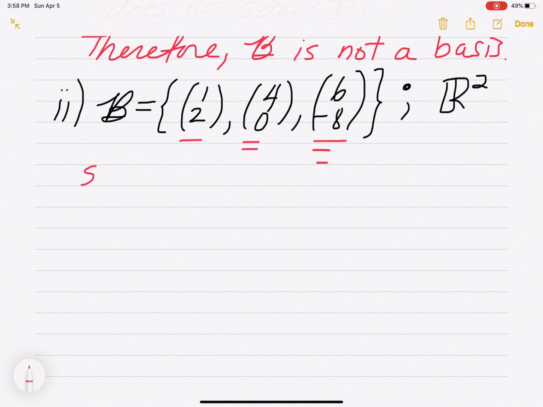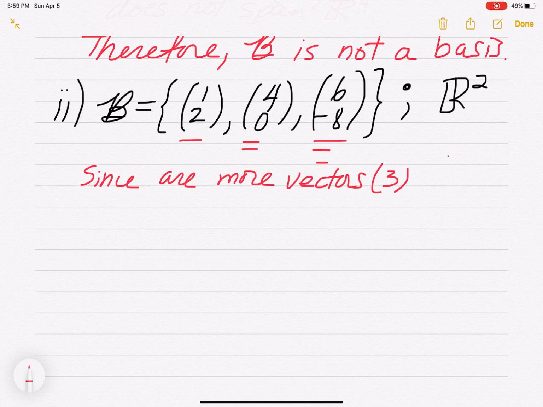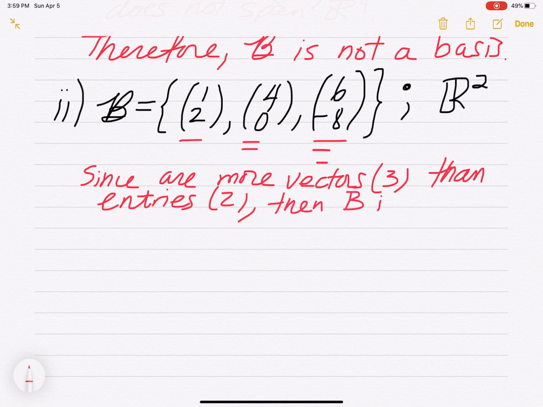So since there are more vectors, 3, than entries, there are 2 entries going down, then B is linearly dependent. That's an important result that we did earlier on in the semester. So when you've got more vectors than entries, your set of vectors is linearly dependent.